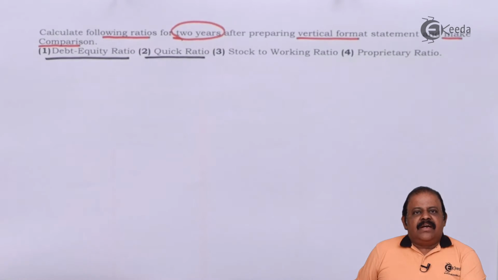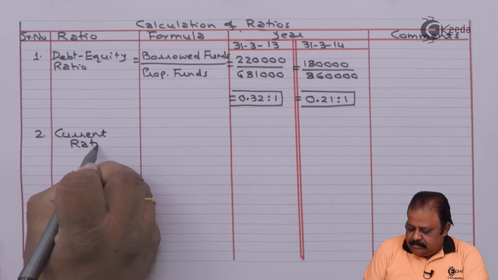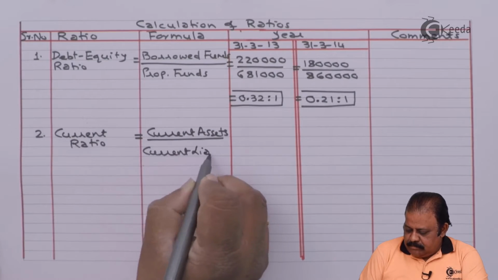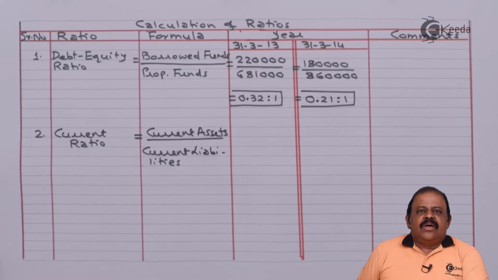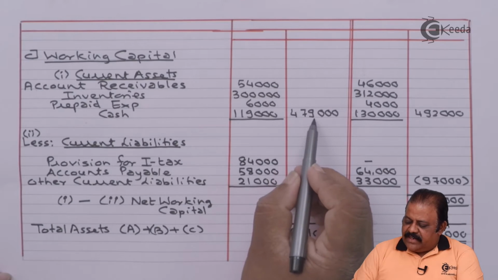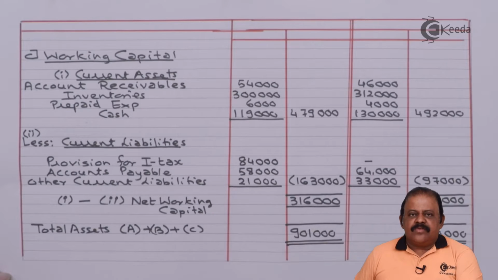We'll calculate current ratio as well as quick ratio. Formula for current ratio is current asset upon current liabilities. Our current assets were 4,79,000. Second year 4,92,000.